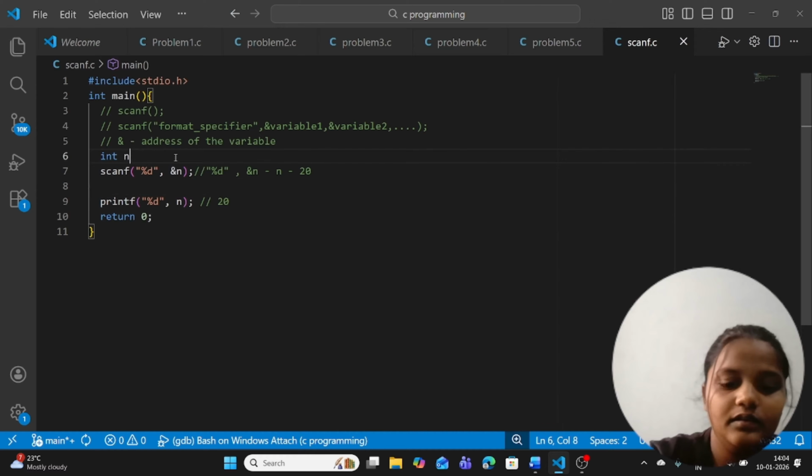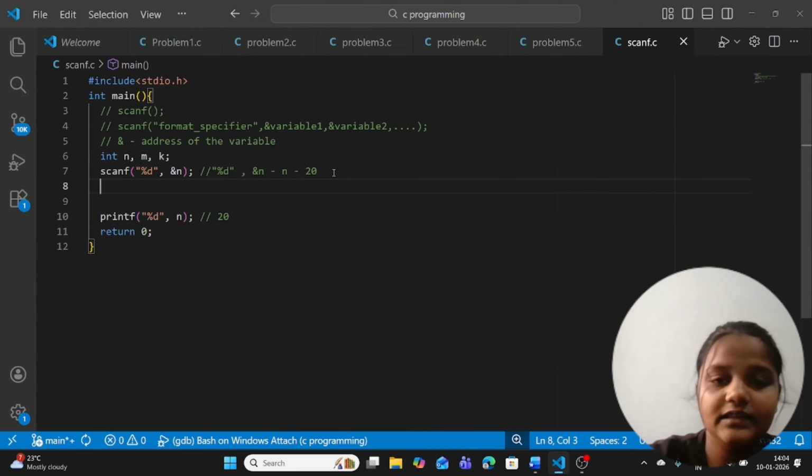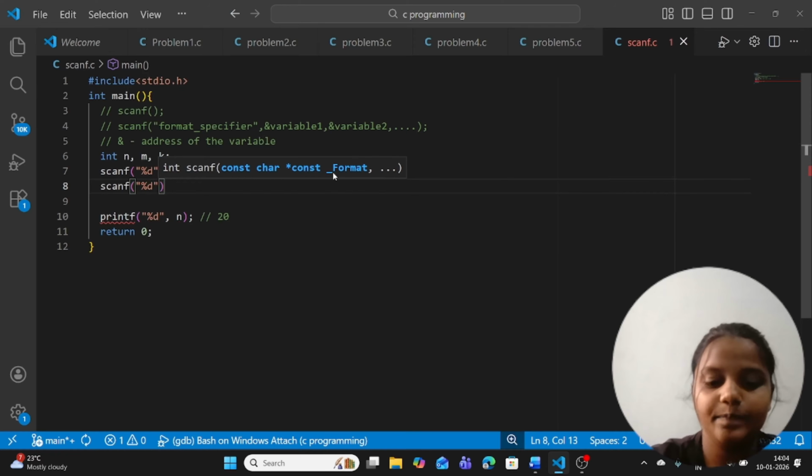You can use multiple scanf statements. We can initialize variables like this, in the same line, if you want to initialize 3 variables. Then if I want to get 3 inputs, scanf, integer, so %d and the address of the next variable m.